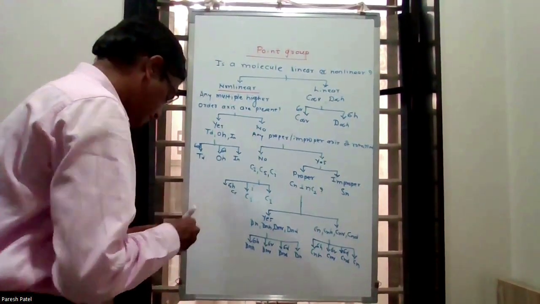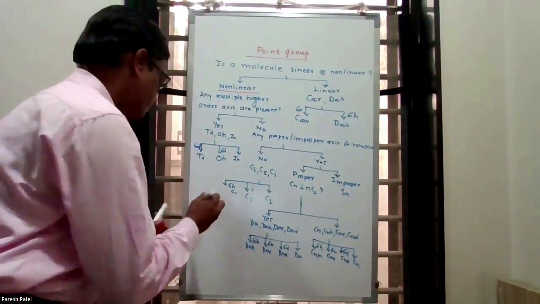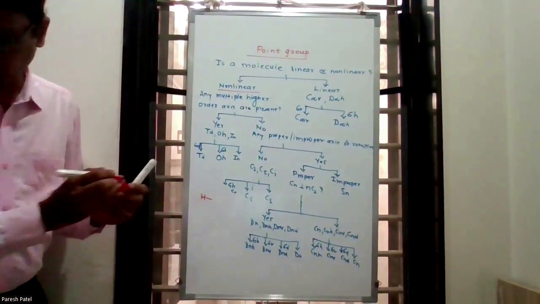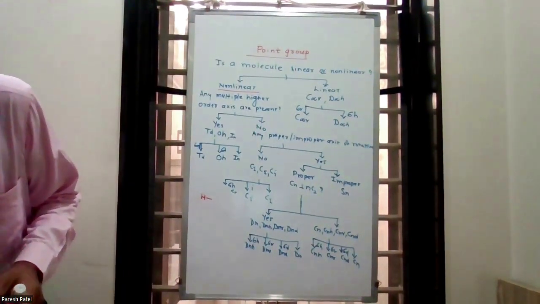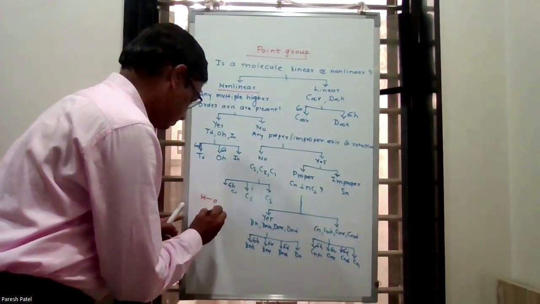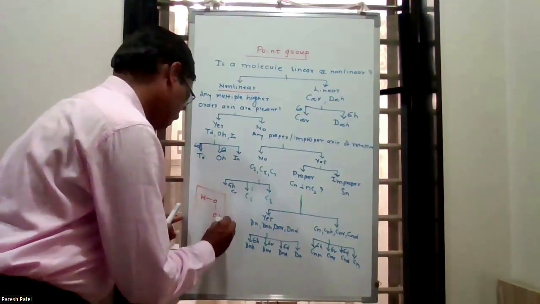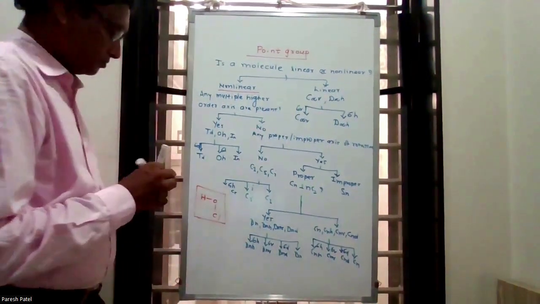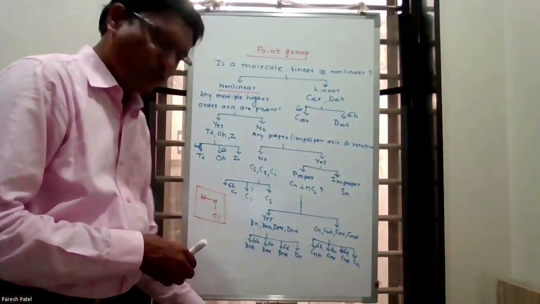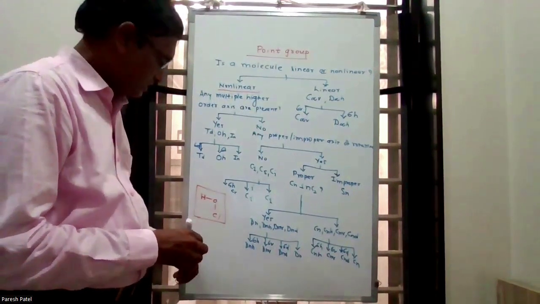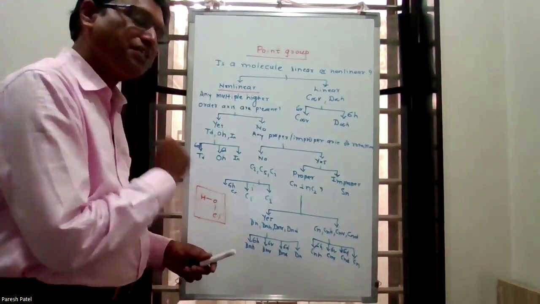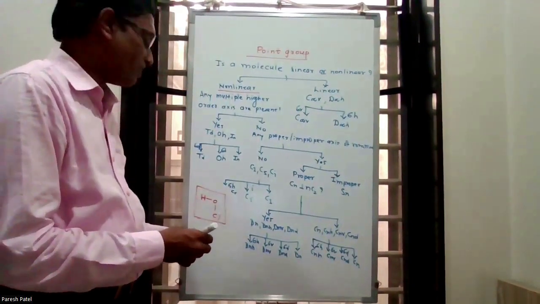Next molecule is HOCl, hypochlorous acid. And we know how to generate hypochlorous acid: if we pass chlorine gas through water, we get hypochlorous acid plus hydrochloric acid.